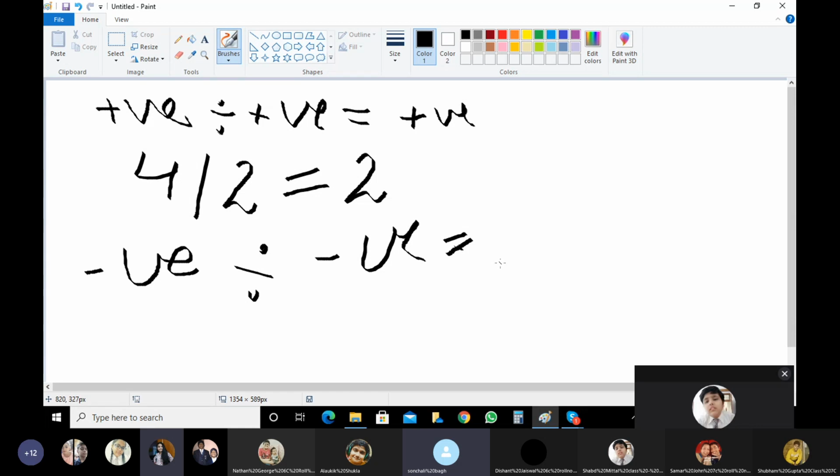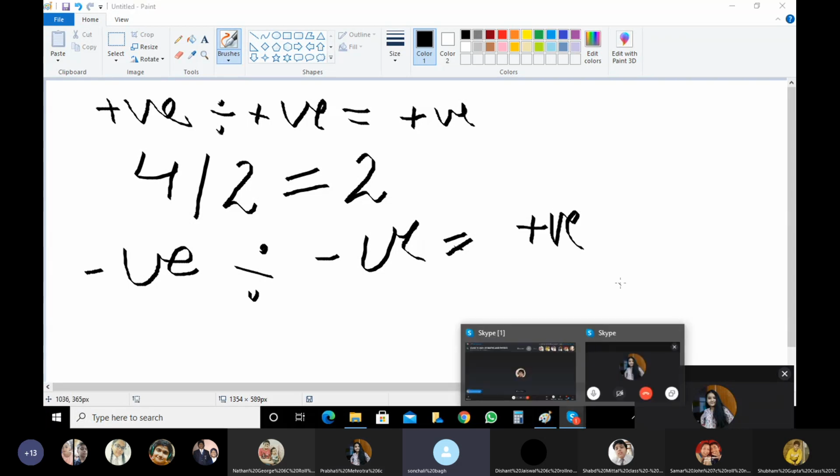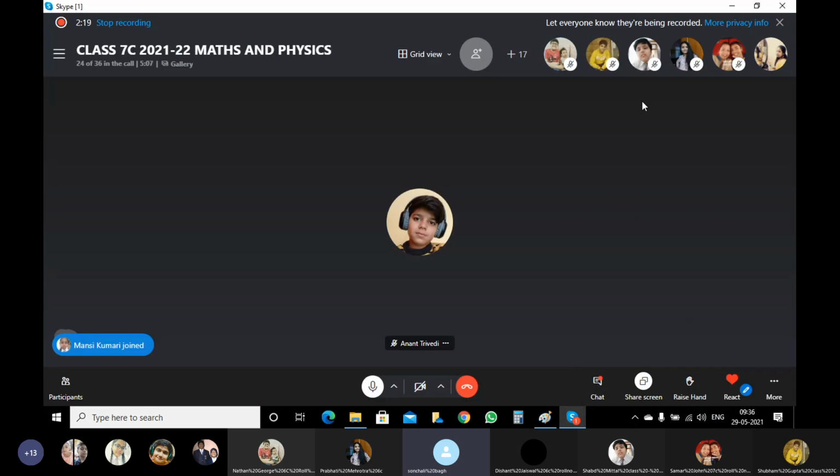We will get a positive integer. Positive integer. Okay. What this means is that when the signs of both the numerator and denominator are the same, we get a positive.